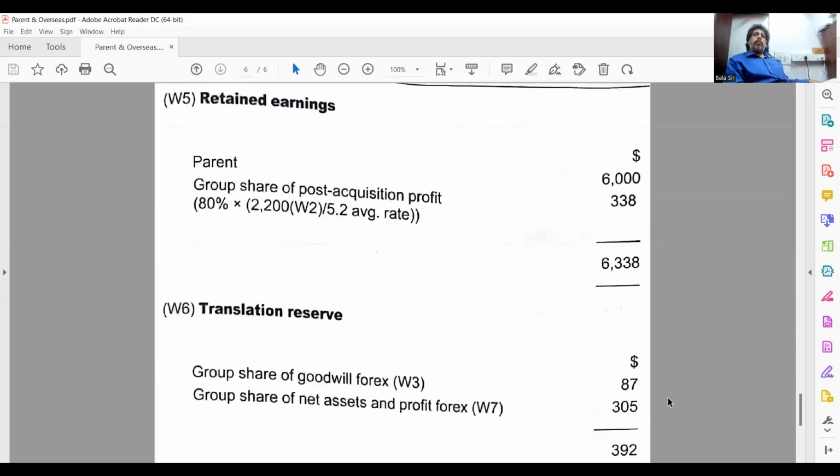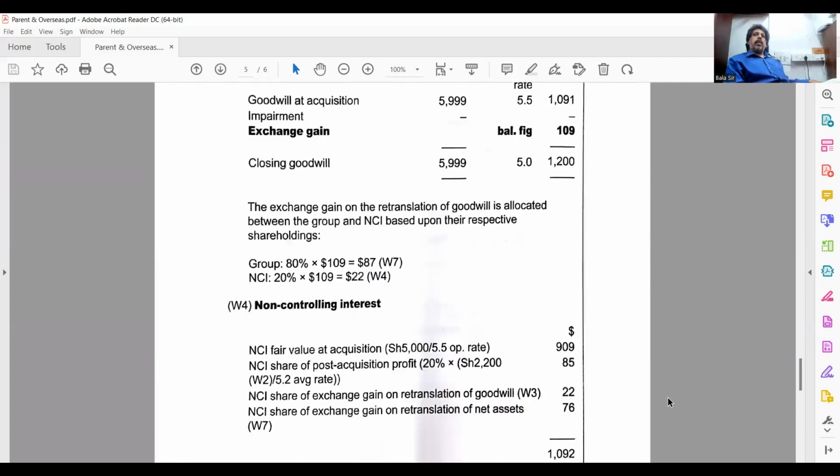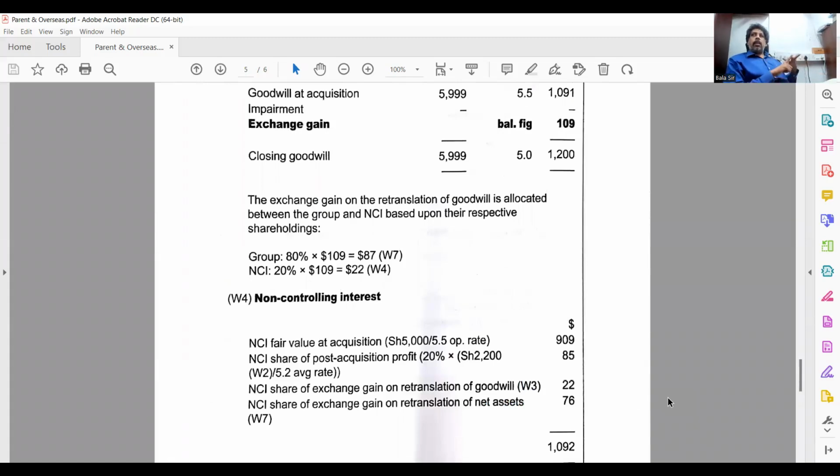Now you go back to NCI, step number 4. In that, just see the first line we saw: 5,000 divided by 5.5, and then retained earnings 2,200 by 5.2 into 20%, and then add the exchange gain on goodwill, 22.